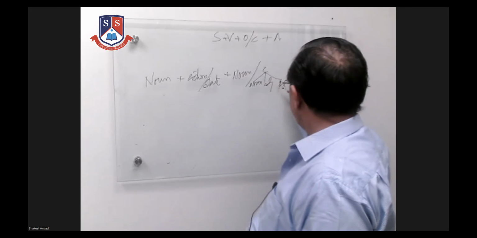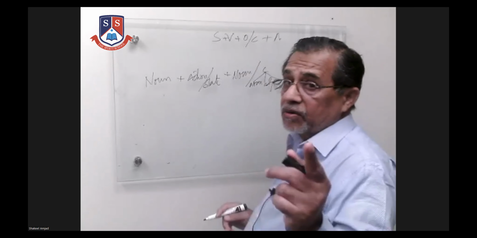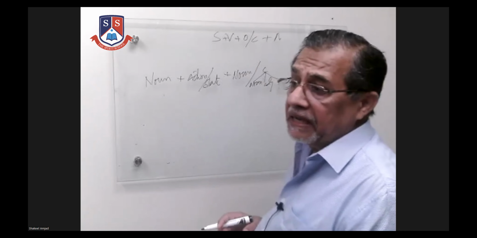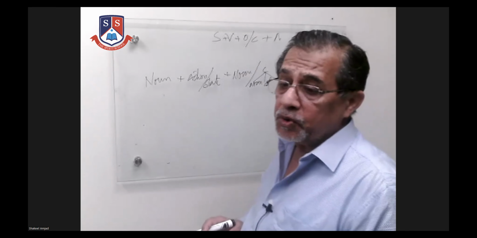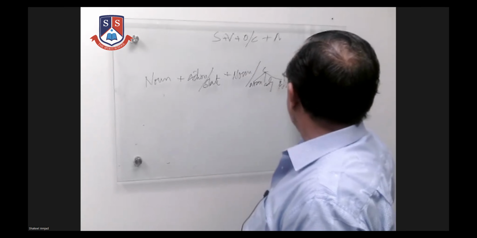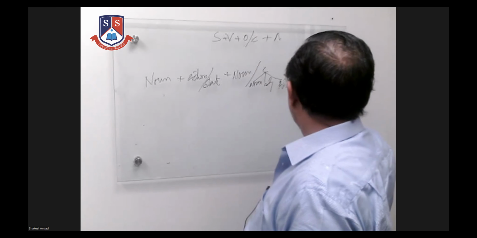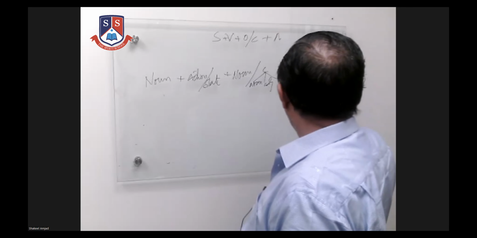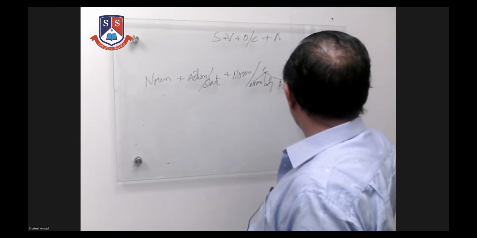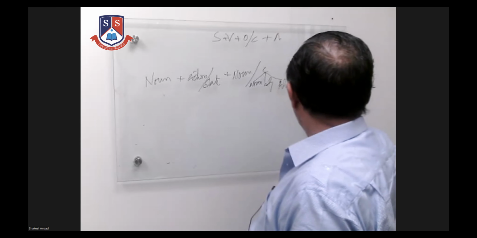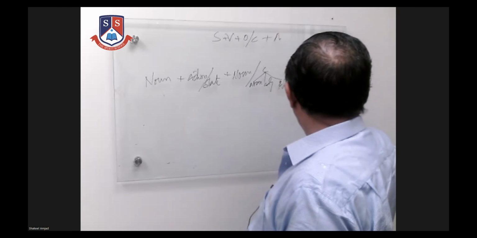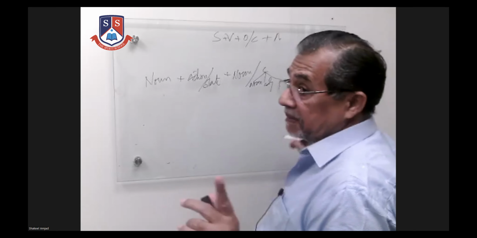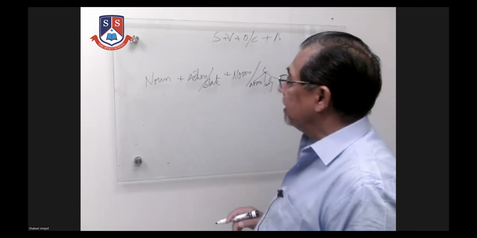Let's call it an adverb, right? And I told you that not every type of adverb, especially remember that adverb of manner, cannot be used as subjective complement. And plus, we have adverb. Adverb can be a noun, can be an adverb, can be a prepositional phrase. PP means prepositional phrase, right?